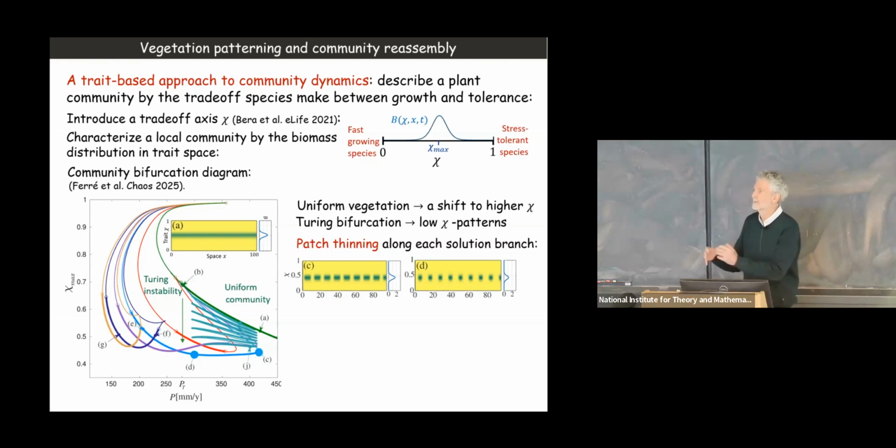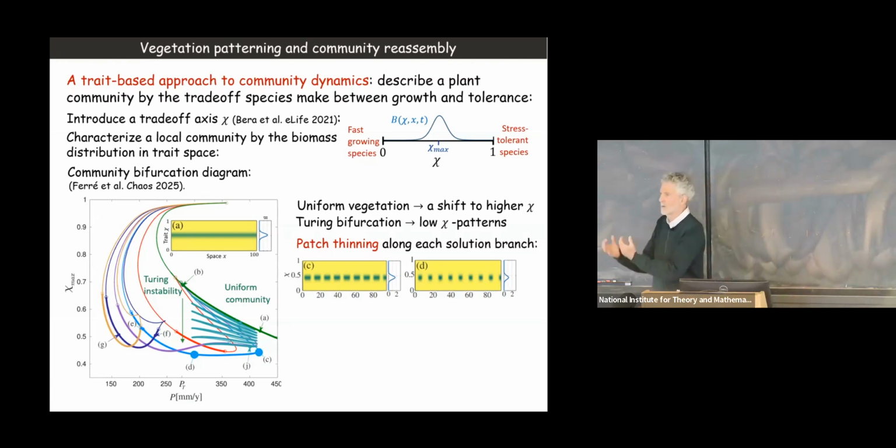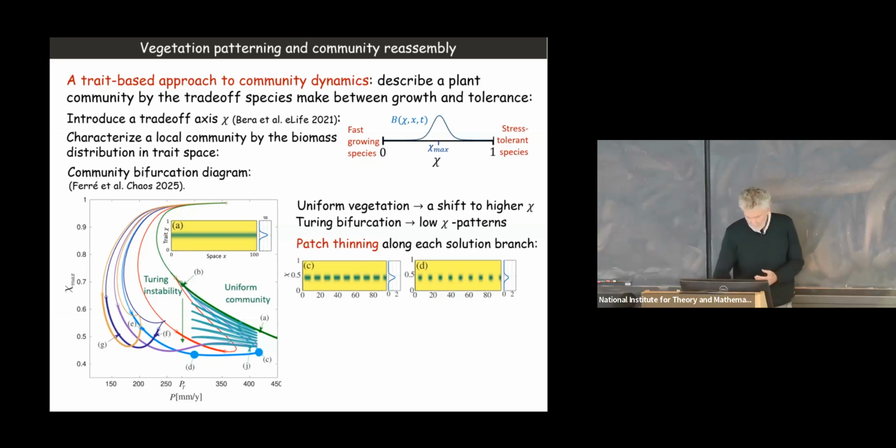This kind of plasticity of the patterns basically increases the bare soil areas that surround each vegetation patch, and therefore increases the extra source of water that compensates for the reduced rainfall. So water availability doesn't change much. But as precipitation is further decreased, at some point this mechanism of patch thinning is no longer effective, and we have a shift to stress-tolerant species.